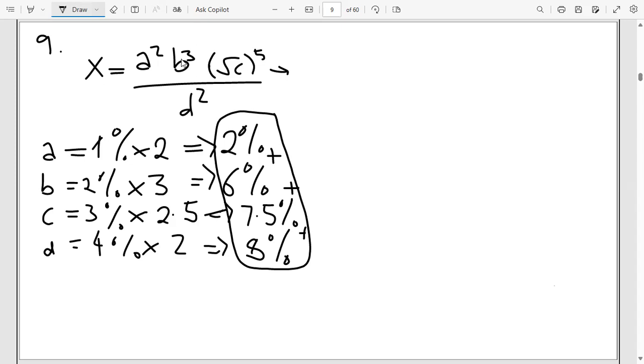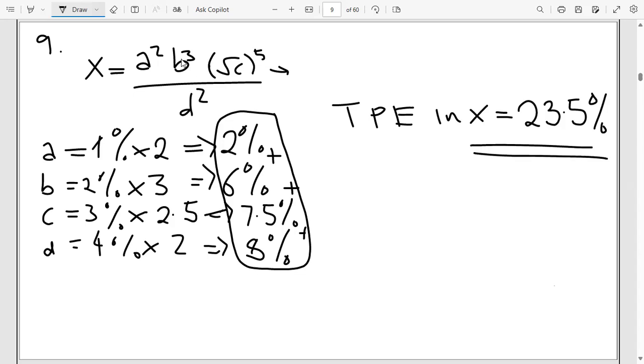And that is going to give us the total percentage error in X. So I'll write here total percentage error in X will be equal to 2 plus 6 plus 7.5 plus 8, which is going to give us a total percentage error of 23.5%, which means X has a percentage error of 23.5%. And that's that. We found the percentage error in X.